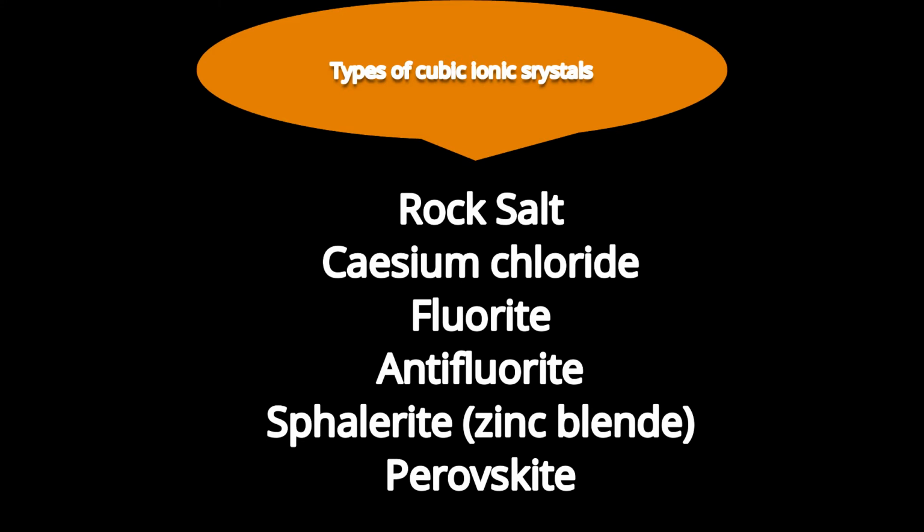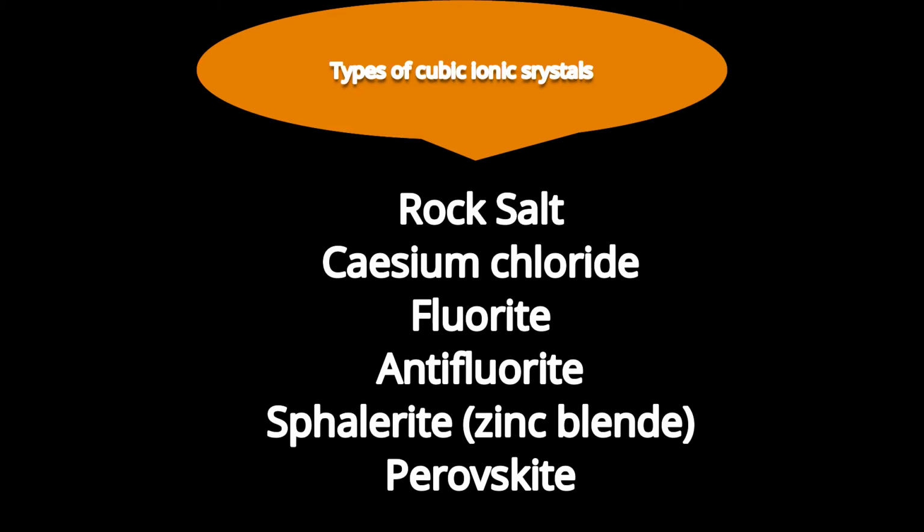Let us begin our study to know the actual structures of these ionic crystals, especially cubic ionic crystals. I already told you there are six types of cubic ionic crystals. Number one, rock salt. Number two, cesium chloride.